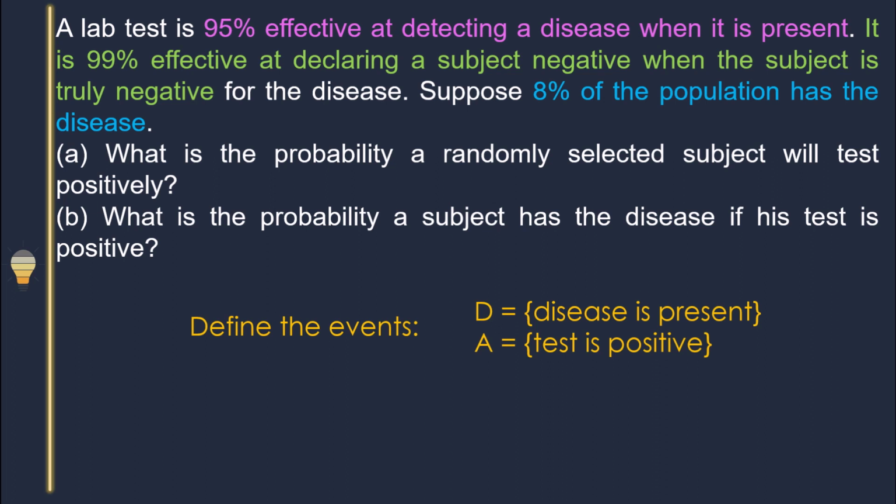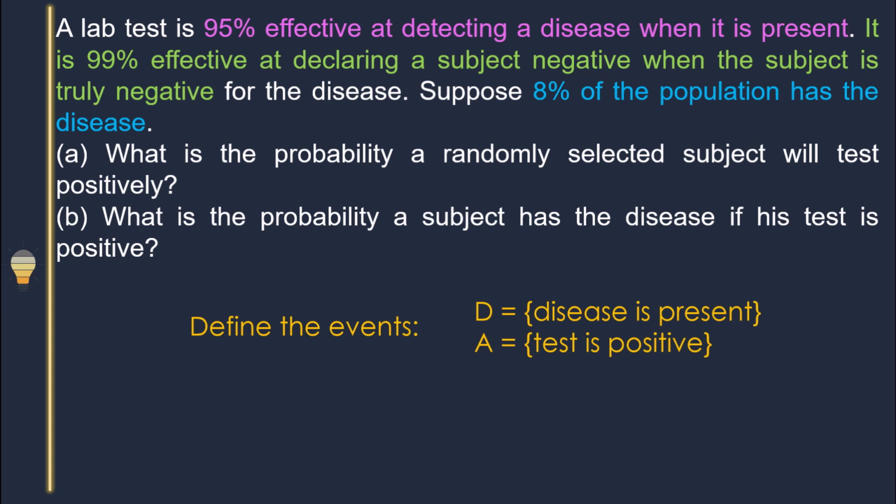First, a lab test is 95% effective at detecting a disease. If I stop this sentence at that point, 95% is what? That is the probability of A, because A is the event that the test is positive.